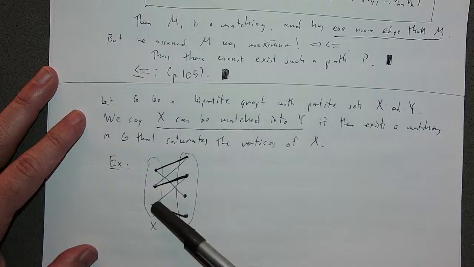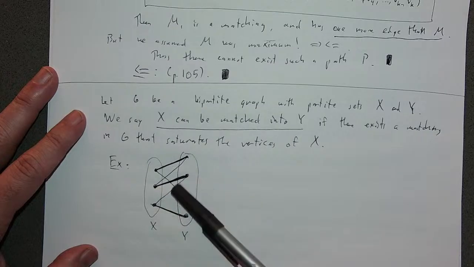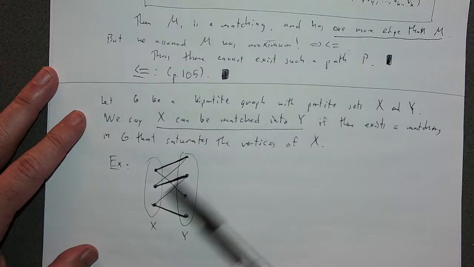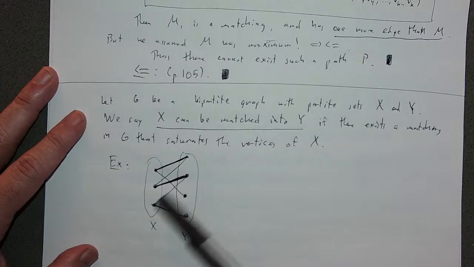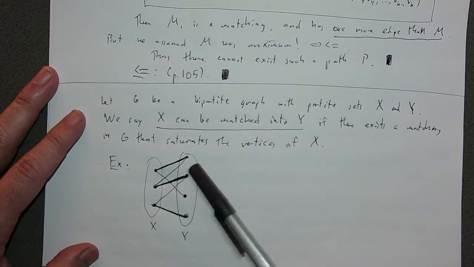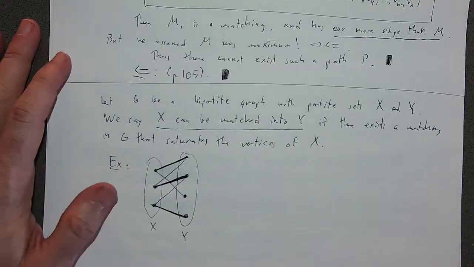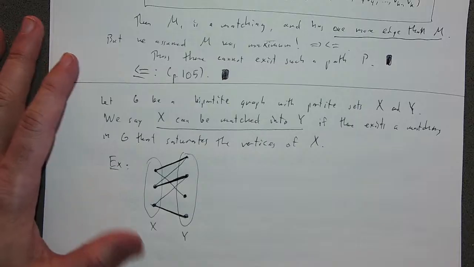Well, no, because the only possible edge to include here would be this one, and in the way that I'd selected these first two edges, I would have a problem here because now these two edges wouldn't be independent. Now, could I have still found a matching of X into Y? Well, you have to think about that altered graph for a second. But it is possible that no such matching exists.